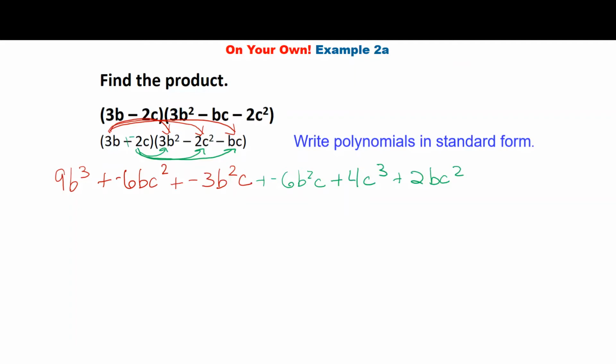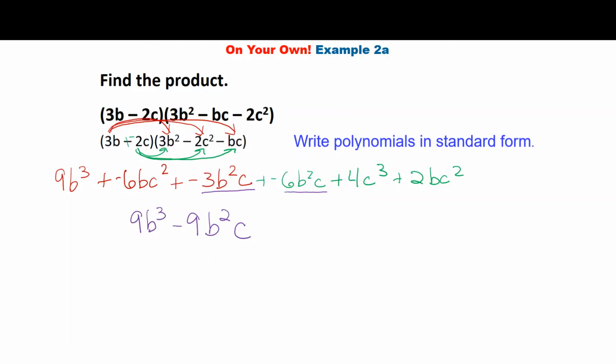All right, so let's just gather up all of our terms together. I'm looking for another b to the third. I don't see any more, so my first part of the answer is 9b to the third. The next thing I'm going to gather up is my b squared c's. So b squared c, here's one, and b squared c, here's another one. So negative 3 plus negative 6 is a negative 9b squared c.